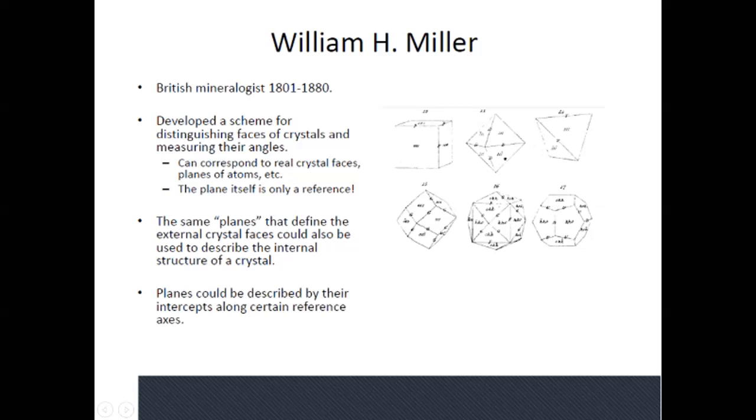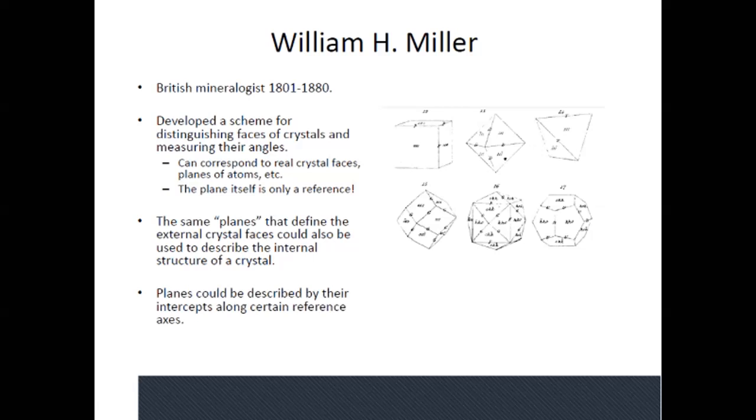And so planes are better used to describe intercepts along axes, just like we use directions. So we just talked about how directions are used to determine on any unit cell. We can also use planes as well, and where they intercept on certain axes, we can use as a reference.